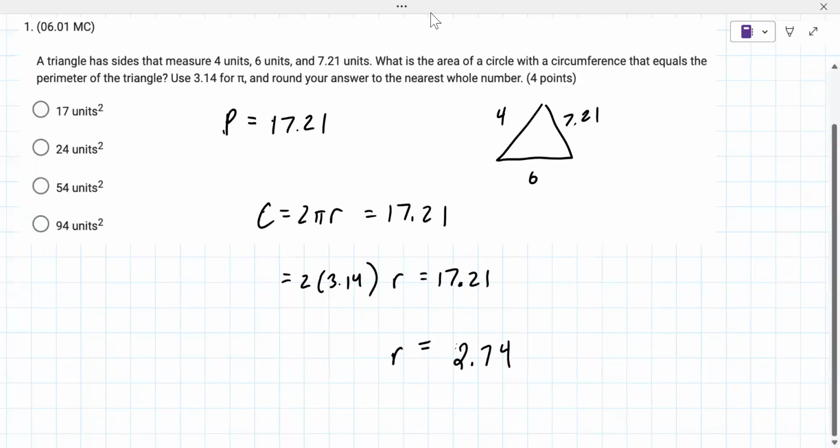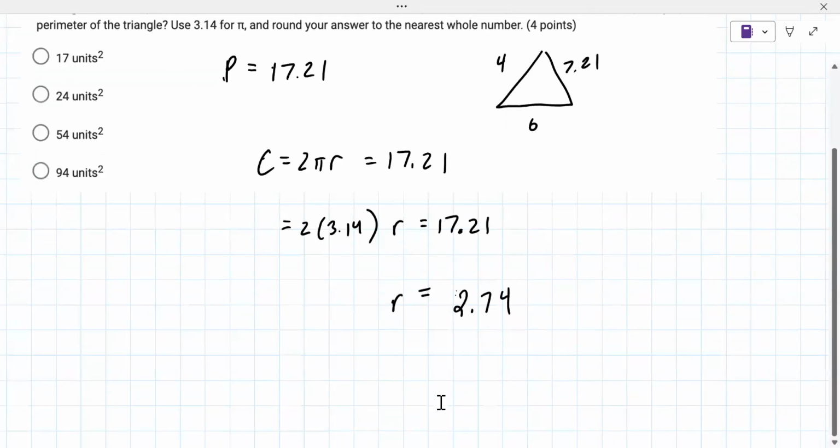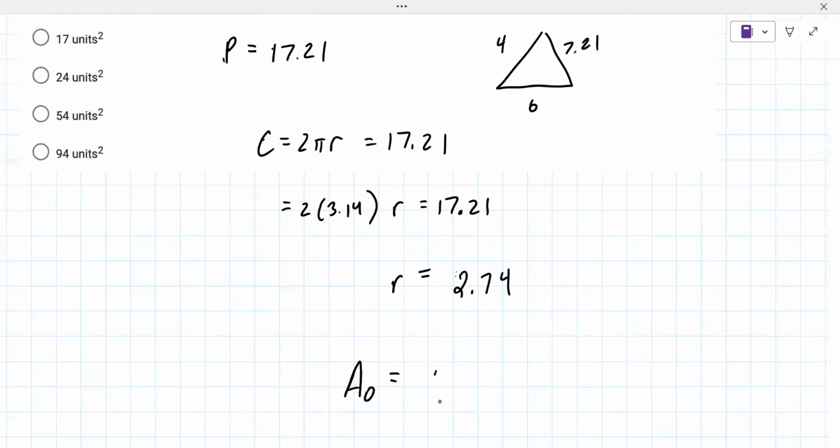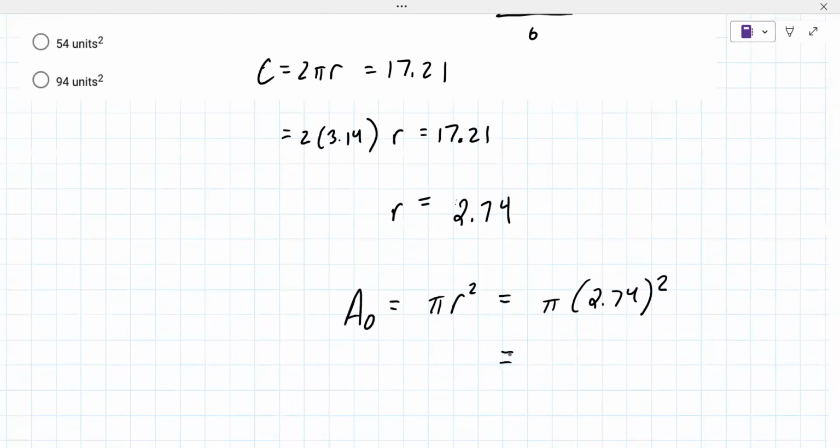Okay. Now to find the area of the circle, you're going to use pi r squared. Pi times 2.74 squared. And this is the result that you're going to round to the nearest whole number.